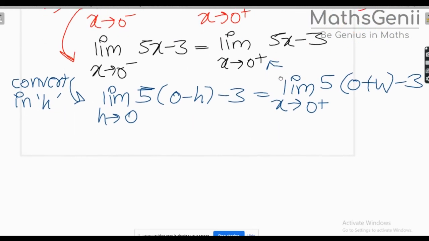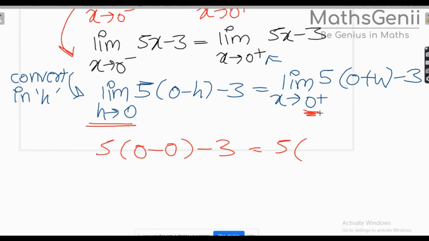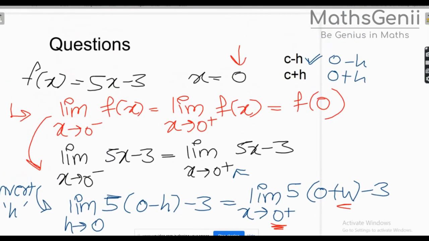Then instead of h you're going to substitute 0, so the limit sign is going away. So it's going to be 5 minus 3, it's 2, and this is 2. So this and this is satisfied.